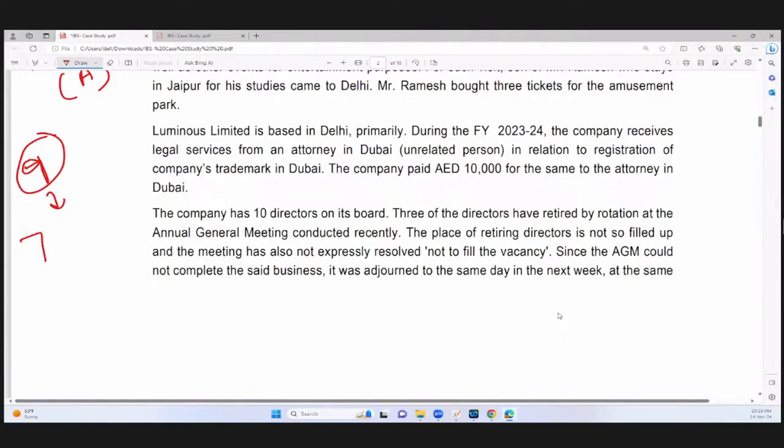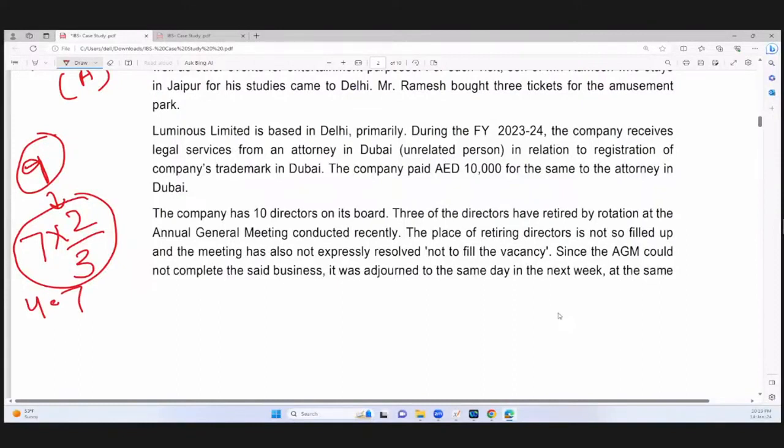So what is retirement by rotation? We have to take not less than 2/3 of this figure, 7. So this total number of directors has to retire by rotation. मतलब अगर 7 directors हैं, तो उसमें से 2/3 directors will be liable to retire by rotation. They can be replaced. Instead of these directors, someone new will be placed in the annual general meeting. From the calculation point of view, we can see that the calculation will be 4.7 of this.